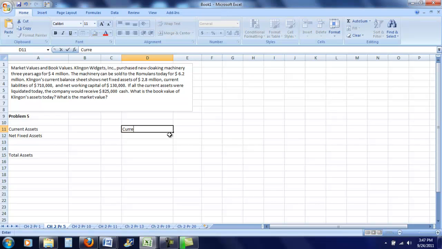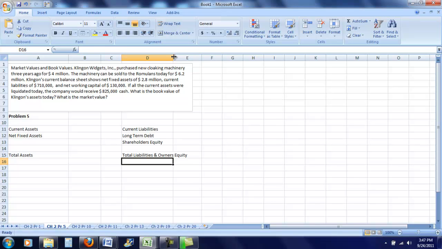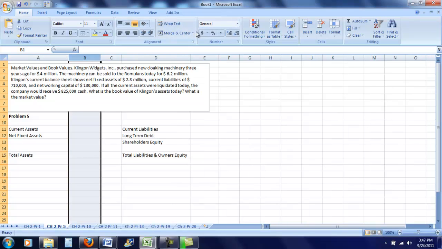Then we have current liabilities, long-term debt, shareholders' equity. All right, just doing some formatting here.